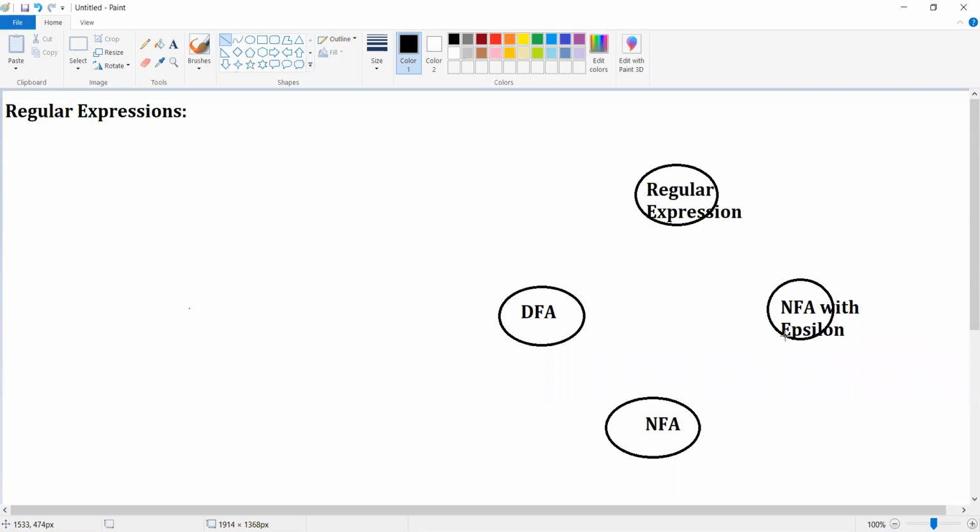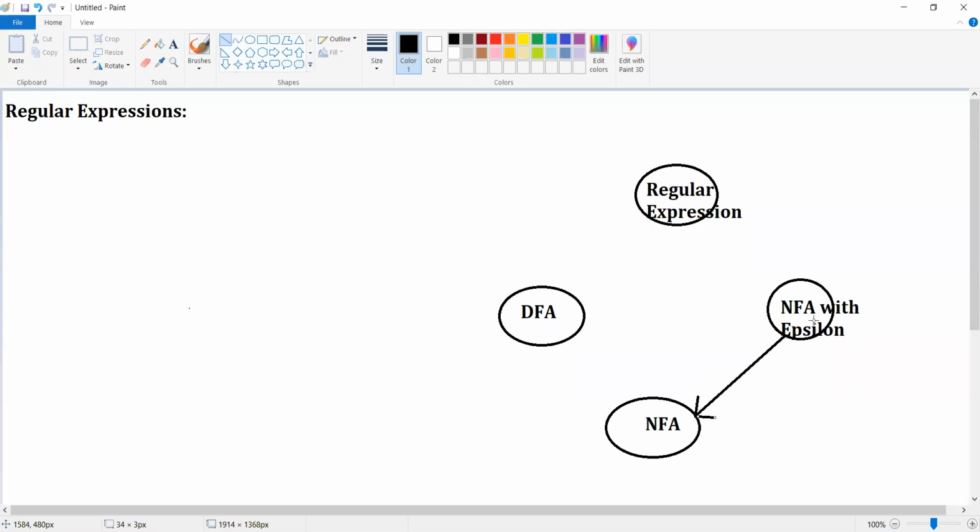Let us assume that we have an NFA epsilon with us. We can easily convert that NFA epsilon into NFA. We have already seen the conversion of NFA epsilon to NFA.